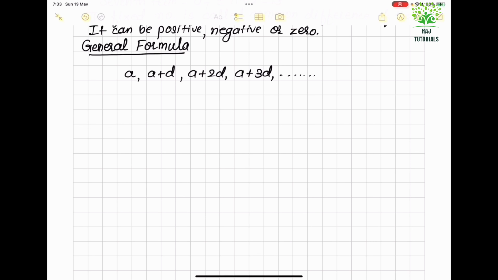So if they have asked me the nth term, the nth term will be A plus n minus 1 times D. See, why n minus 1? Because here the first term is only A, and from the second term D is added in there.